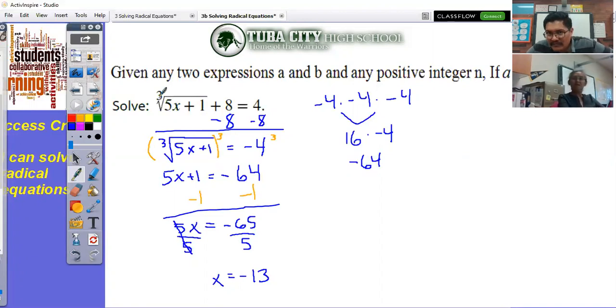Take the cube root of negative 64, you get negative 4. So all this becomes negative 4. Negative 4 plus 8 is the same thing as 8 minus 4. So 8 minus 4 is 4. So this is a solution, it works out.